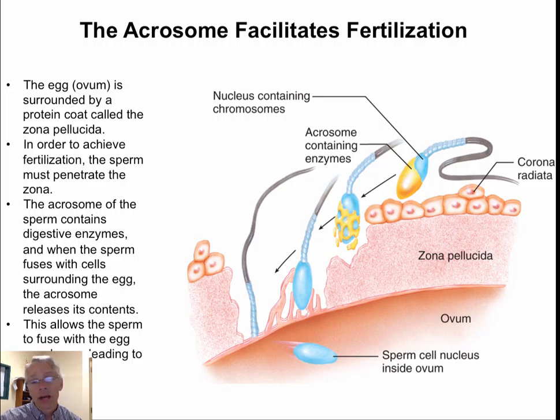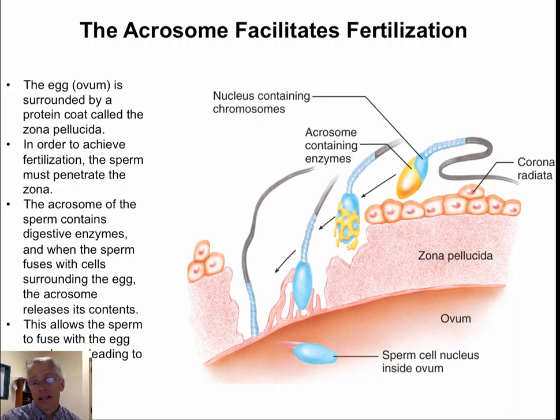And we pointed out in a previous video that eggs are covered by this protein coating called the zona pellucida. So this is the egg cell down here, the ovum, and the sperm would have to fuse with the membrane of the egg cell if fertilization is going to take place. And that can't happen because the egg is covered with this zona pellucida. And this is where the acrosome comes in.